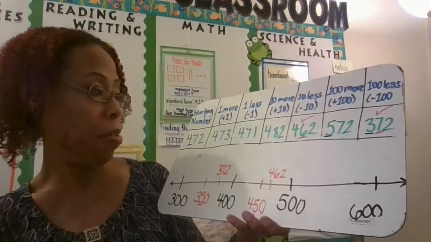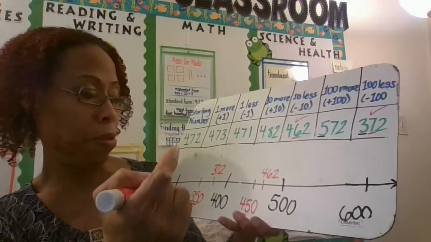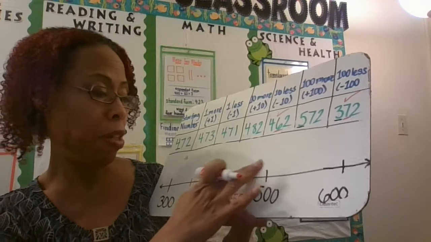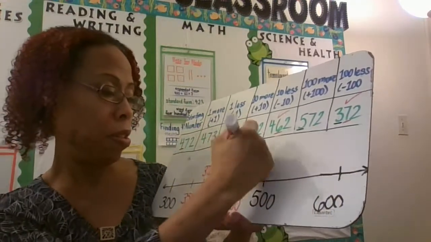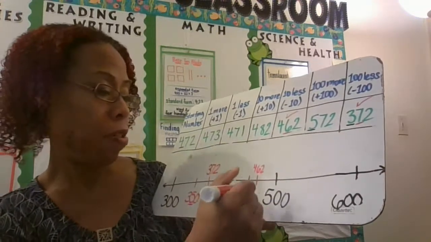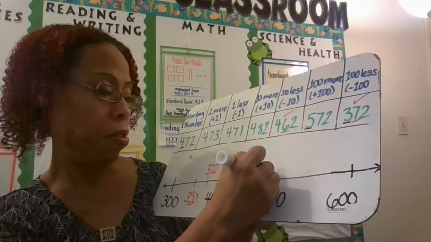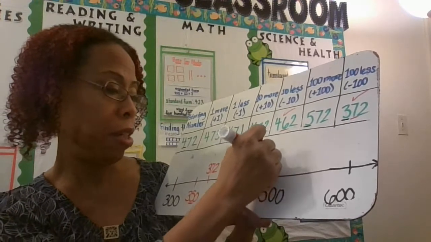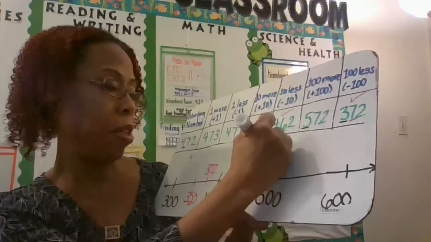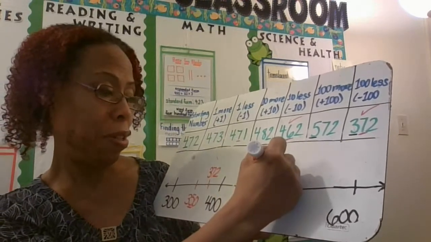All right, now let's look at 471 is the next number. Ooh, we got to make some more room. 462. Okay, make that a little bit smaller. 471. Ooh. How are we going to do this? Let's do an arrow up here. 471. And then 472.